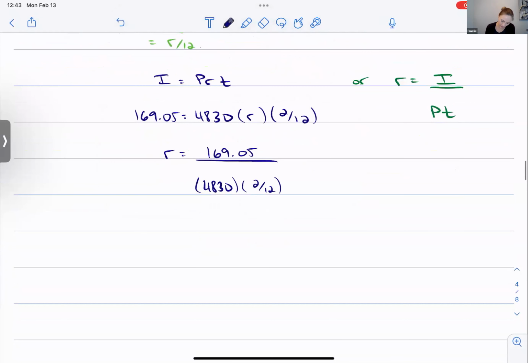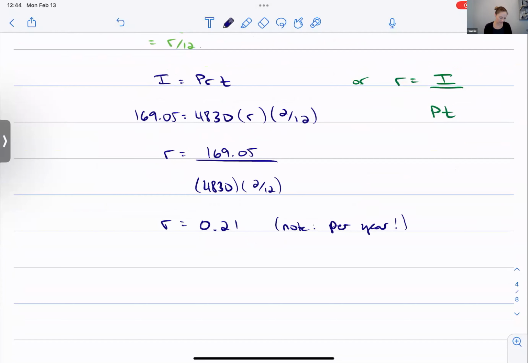So let's go back here. So we find that R is, let's see here, 0.21. Note that this is per year. R is per year, and that's why T has to be in years.